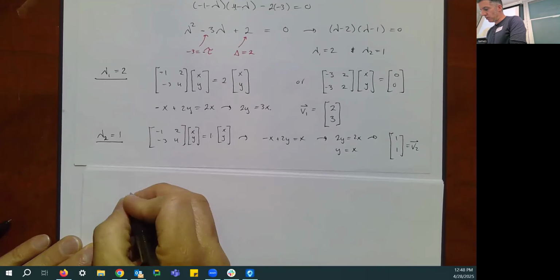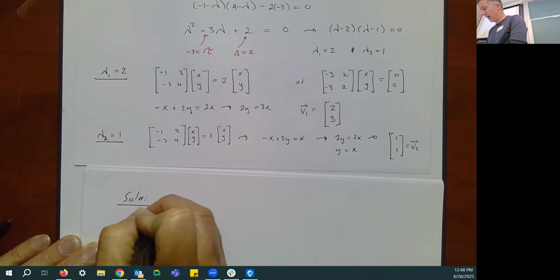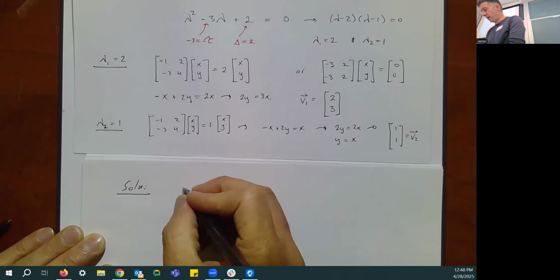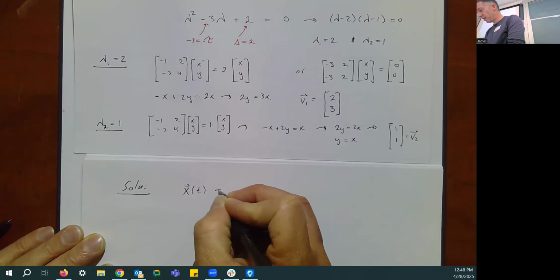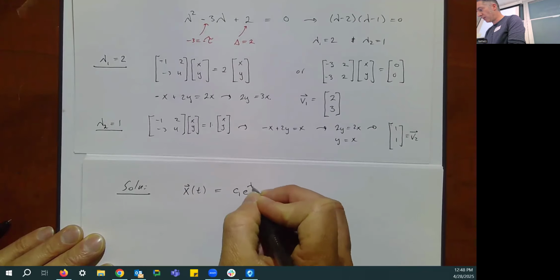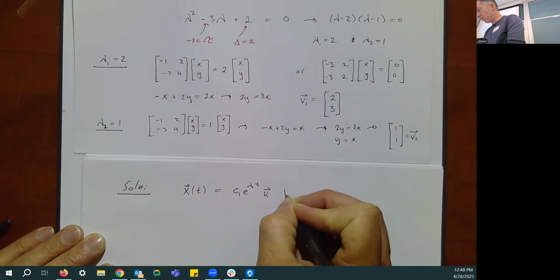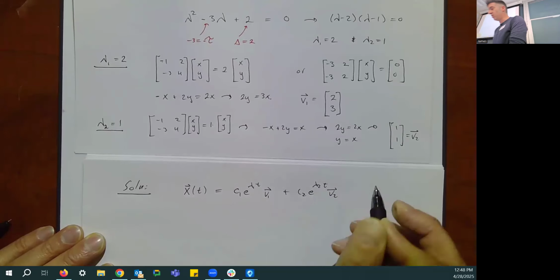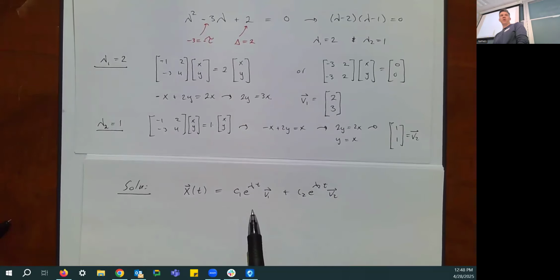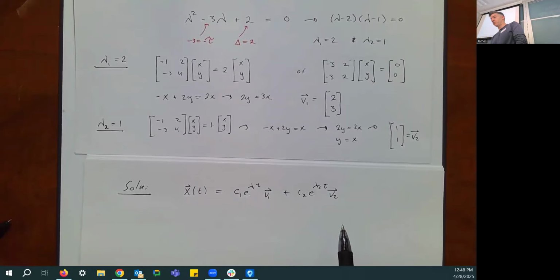Here's our solution. I highly recommend remembering that your solution should look like C1 e to the lambda 1 t times V1 plus C2 e to the lambda 2 t times V2. You only have to remember the first part, because the second part is just the same thing with different subscripts.